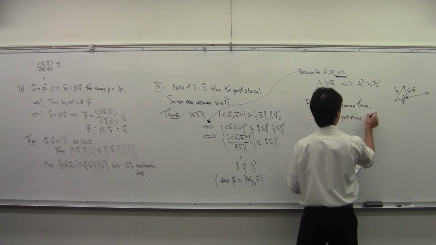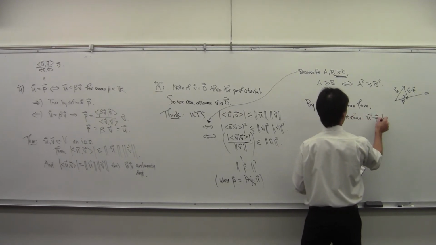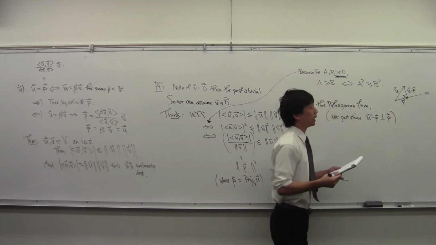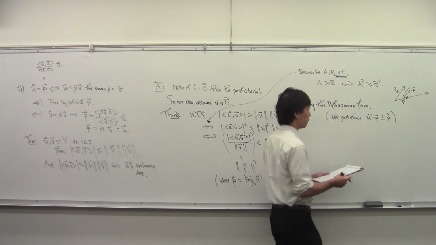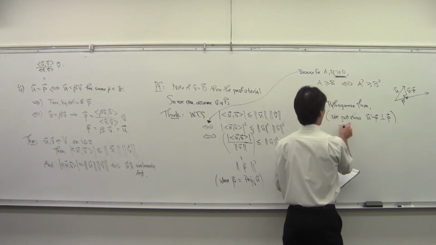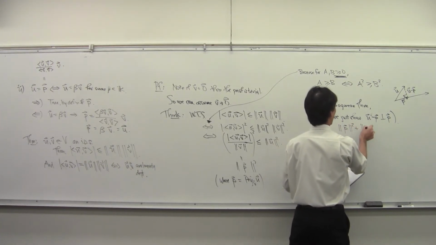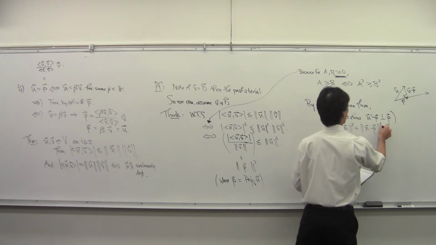And so we can use the Pythagorean theorem. The Pythagorean theorem says that the norm of P squared plus the norm of U minus P squared equals the norm of U squared.